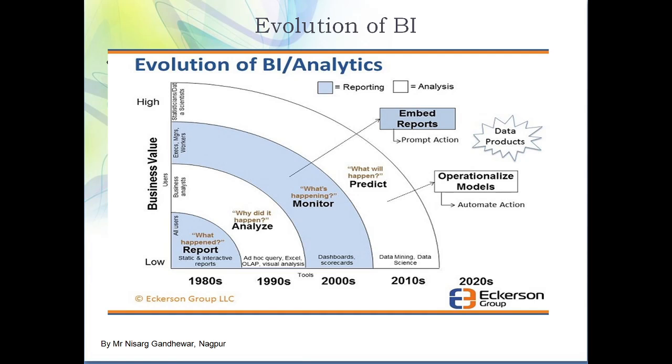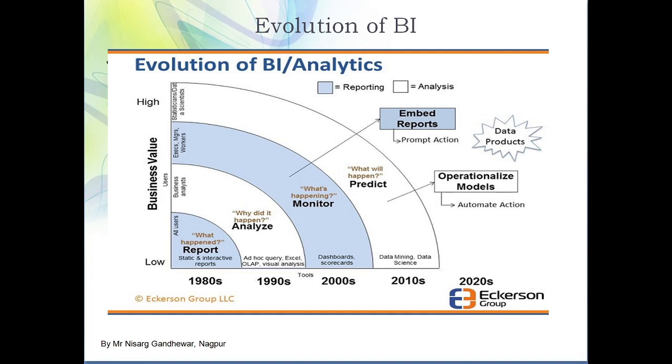From the year 1865 to 2020, that advancement was done in the field of business intelligence. Here you can see there are two colors, reporting and analysis. In 1980, the major focus of BI was on reporting. Then in the 1990s, the focus was on analysis.